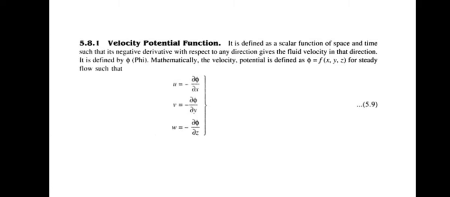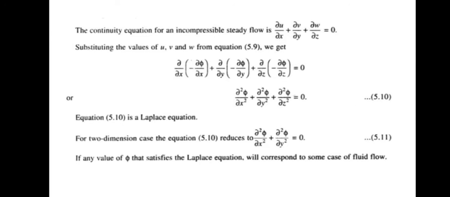So this is about the velocity potential function. Okay, now we will see what is the use of this velocity potential function. We already studied the continuity equation in Cartesian coordinate system for steady flow, and it is equal to ∂u/∂x plus ∂v/∂y plus ∂w/∂z is equal to 0.